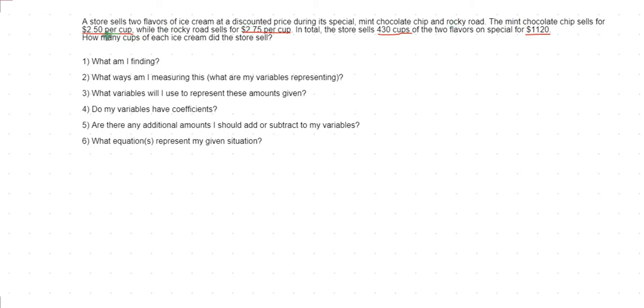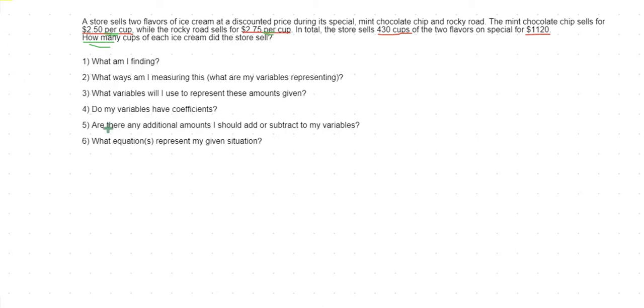I can double underline the word per anytime that I see it, because the word per in math means multiply. And sells is kind of an easy one to figure out. If you're selling things, you're going to have to add stuff up. We get that. And we can see how many, that's asking for a total, right?